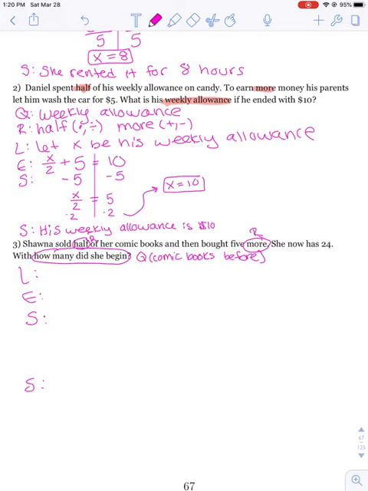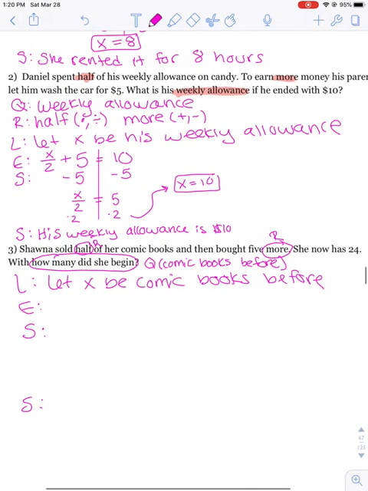So more could be an R. Maybe you circled bought. I think bought would be okay too. But I should have 2 relationships because it's a 2-step equation. So 1 Q, 2 R's for all of these. So let X be comic books before. You could also have said comic book she started with, how many comic books she started with, something like that.